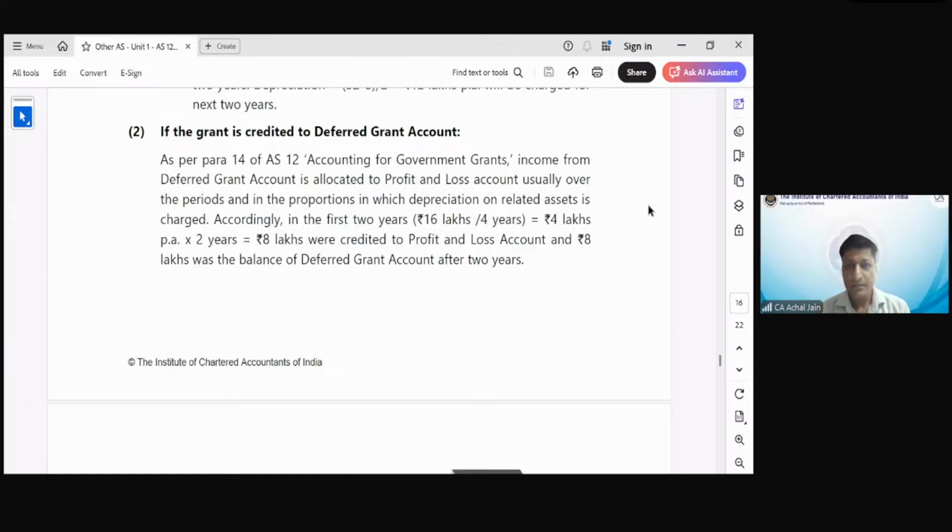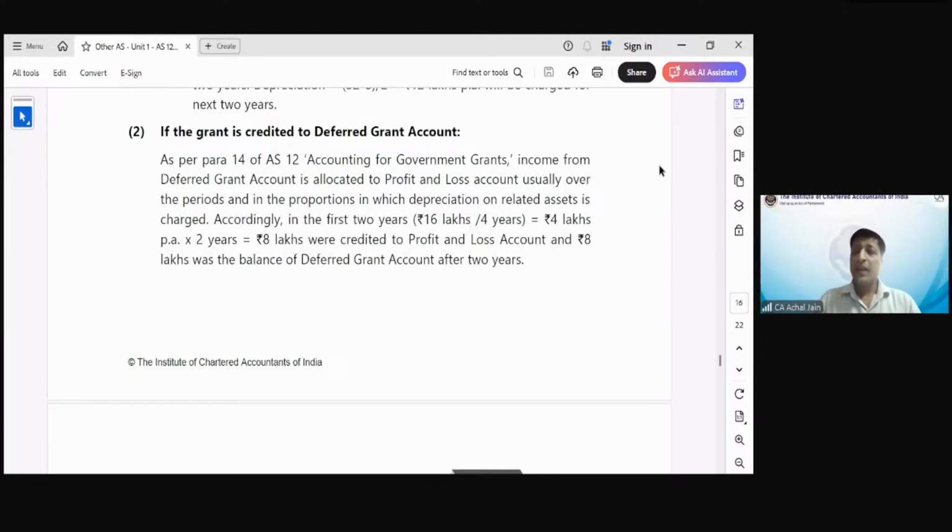Then P&L account debit. And then bank account credit, refund. Refund will be of the whole 16 lakh, and the balancing figure of 8 lakh will go to P&L account.